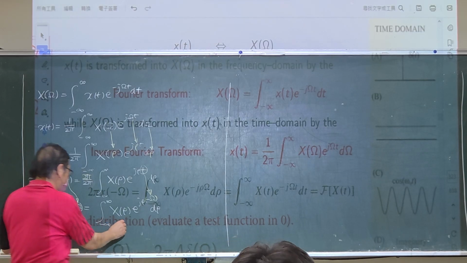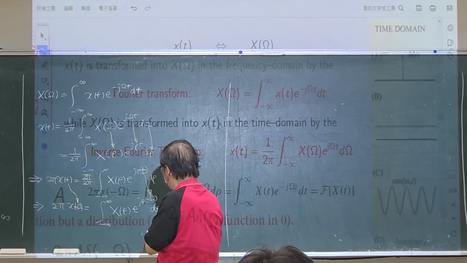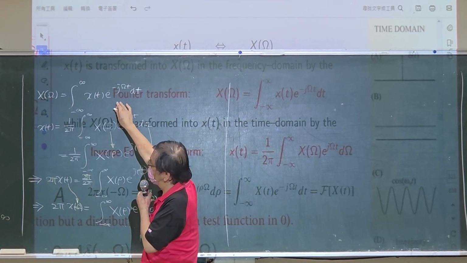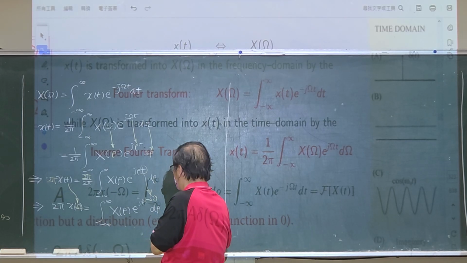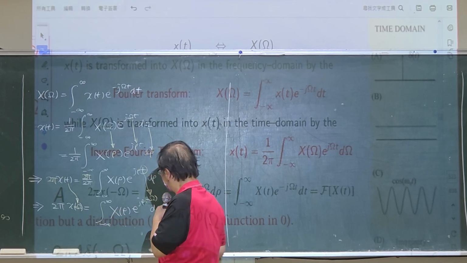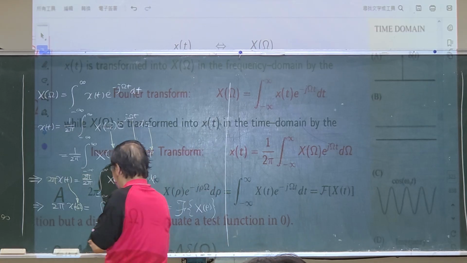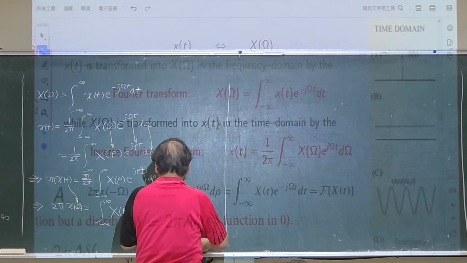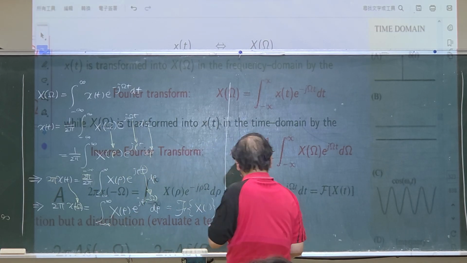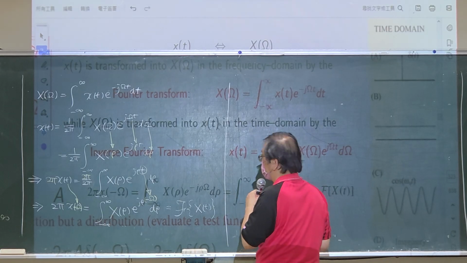And then look at this. What is this? This is indeed the Fourier transform. You look at the form of the Fourier transform of x of rho. Okay, for x of omega. Which will be x of t. Fourier transform x of t.